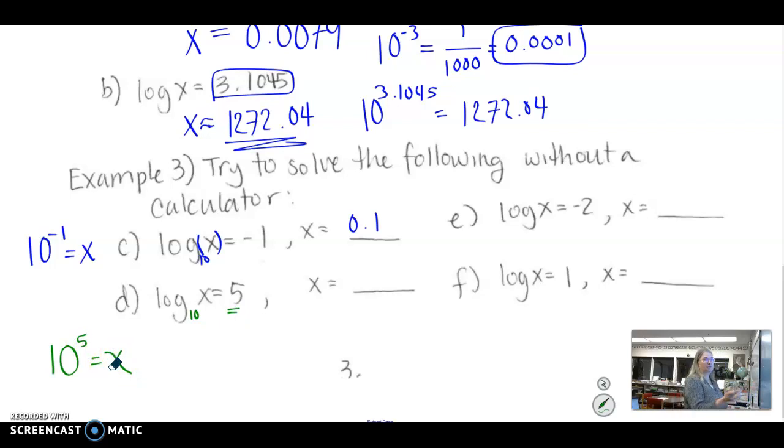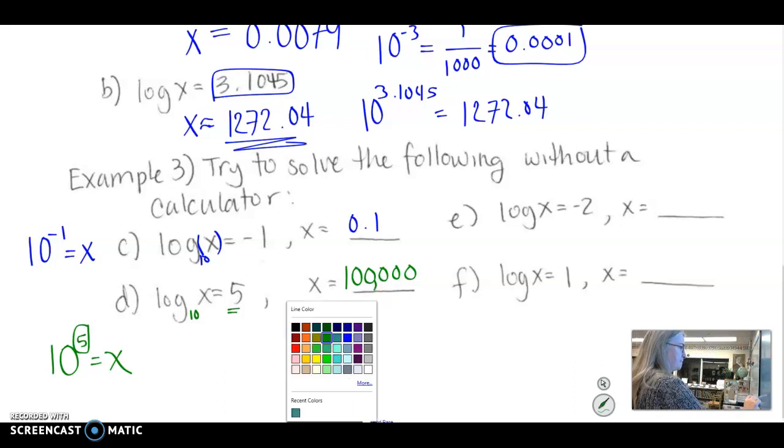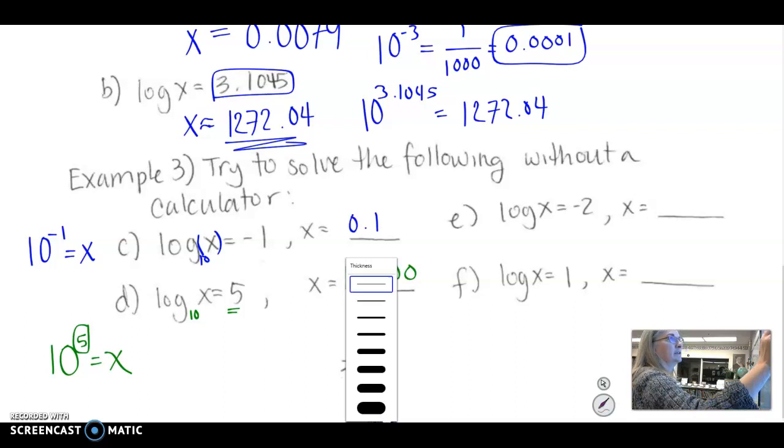So 10 to the 5th, to write that out, basically you're just going to put a 1 and 5 zeros, whatever this exponent is. If it's 10 to an exponent, it's going to have that many zeros. 1, 2, 3, 4, 5, and that's 100,000. So you guys try E and F, come back and check. Pause the video and do those, and then see if you get the same thing that I get.